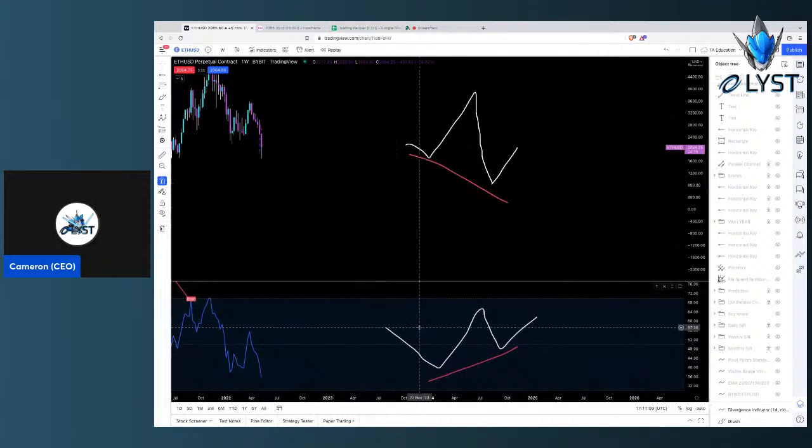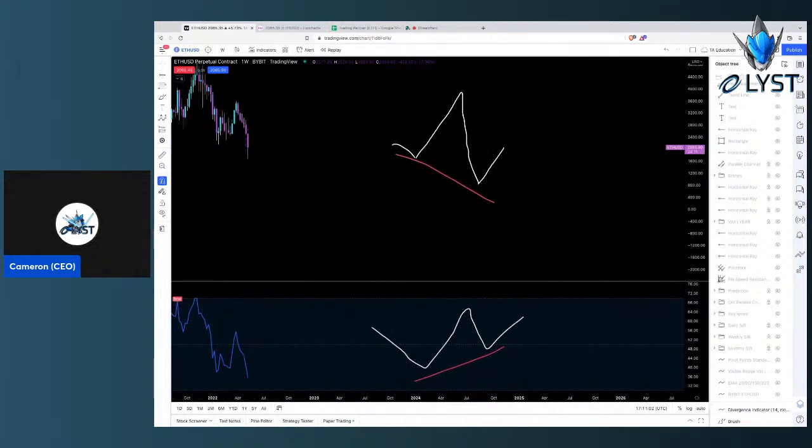So this is a standard bullish divergence, where the candles show lower price action, but the RSI is showing a higher value, or increased momentum.